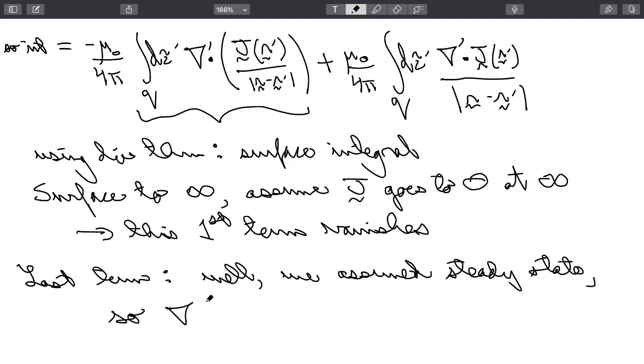So the divergence of my source currents is equal to 0 anyway. All right, so once again, we've got this glorious representation of a big fat 0, which is cool.